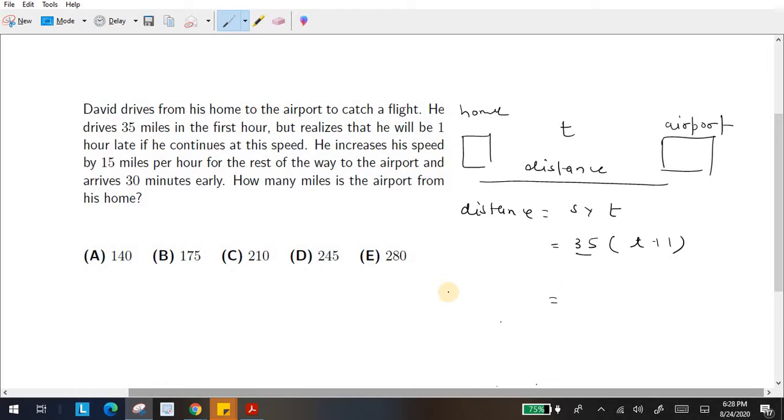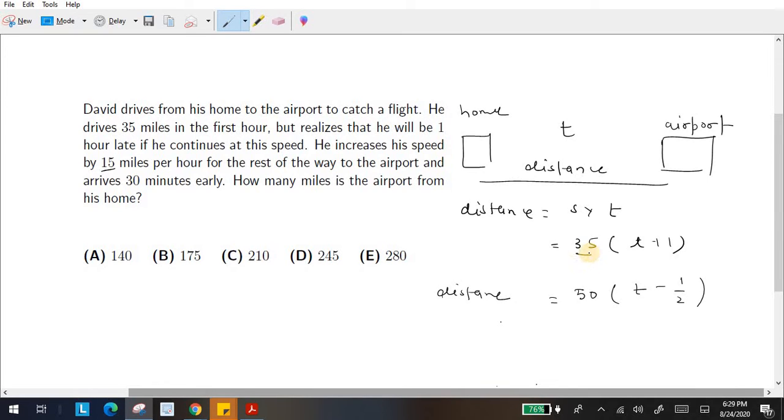And in the second case, let's suppose he increased his speed. So that time the speed becomes 50 miles per hour, and the time will become t minus half, because he reaches 30 minutes before. But didn't he already go 35 miles already?